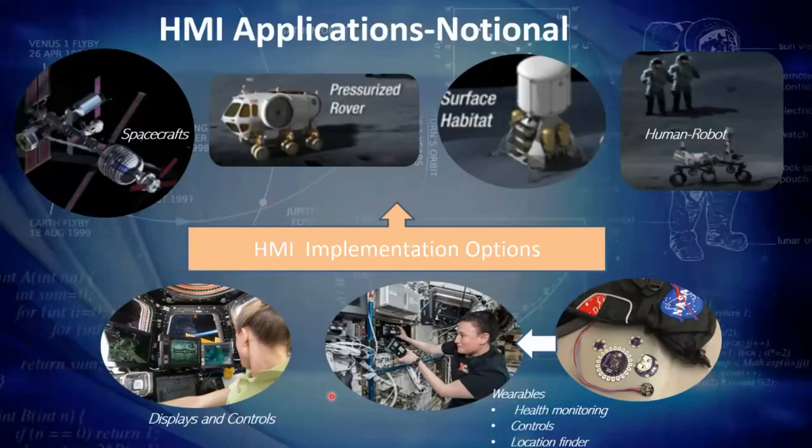And then the types of displays are basically displays and controls. As you see here, this is the robotics workstation on the International Space Station. And then you have wearable technology, where the crew wears these control systems and monitoring systems that are wireless, used to not just monitor the crew in terms of health, but also provide controls.